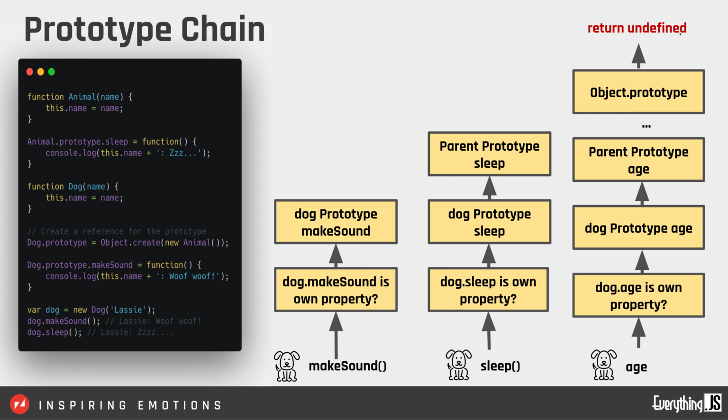Every object in JavaScript, whatever constructor function or anything created in JavaScript related to objects, will inherit from Object at the parent level, and it will try to see whether that property is available in object prototype. It is not there, right? Definitely, age is not there. So then it will return undefined.